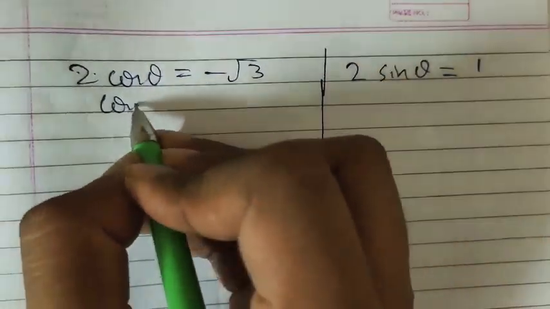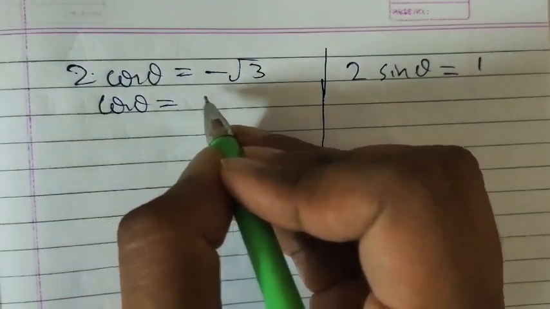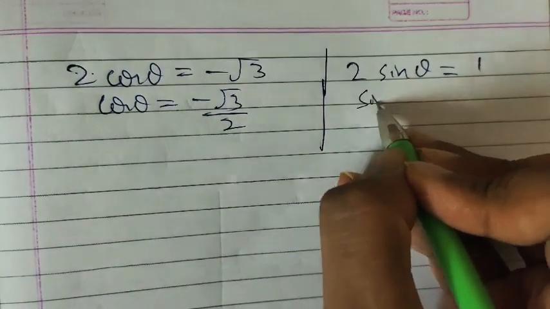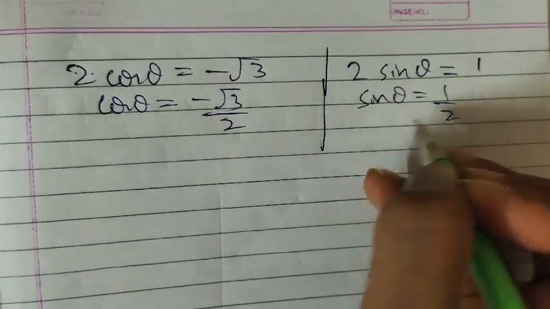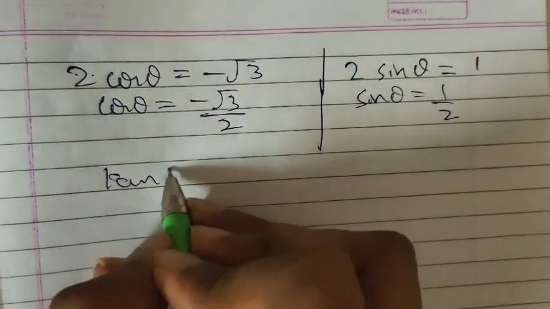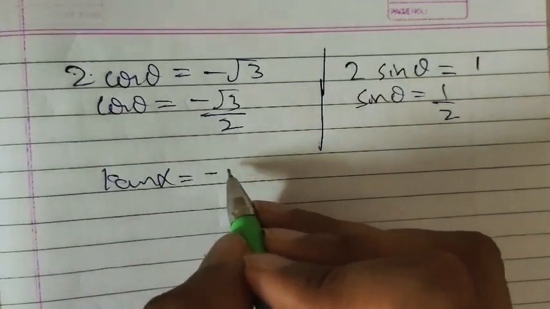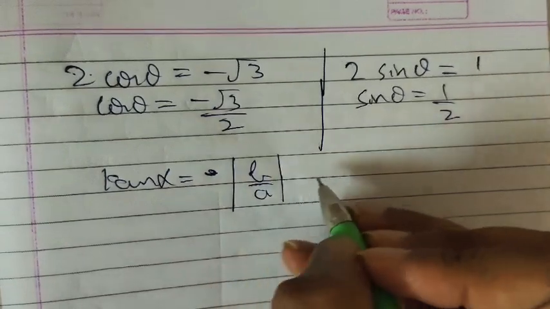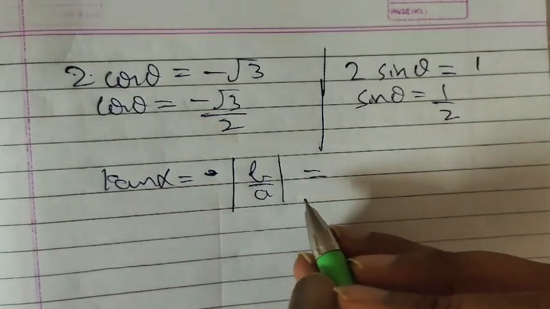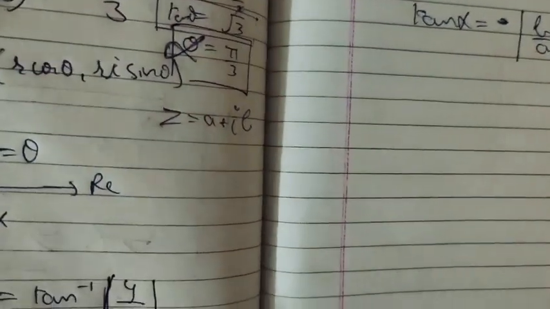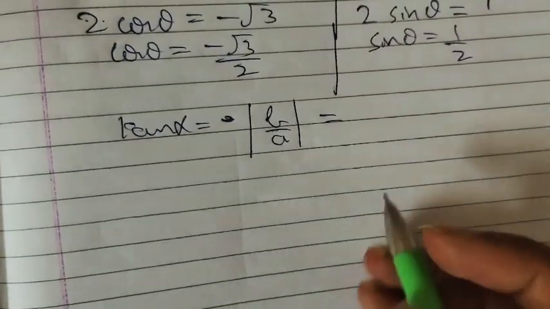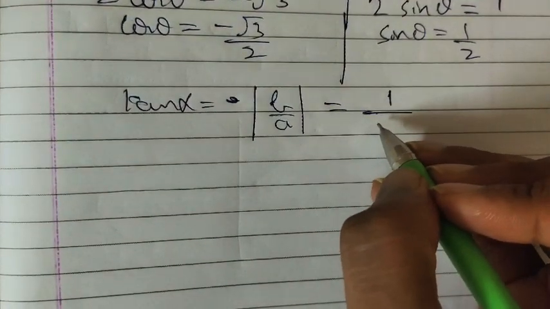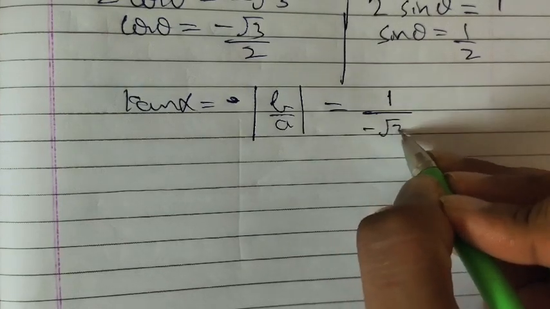So cos theta is equal to minus root 3 upon 2 and sin theta is equal to 1 by 2. So tan alpha is equal to b upon a, as I told you. So b value is 1 in the question, and a is minus root 3.